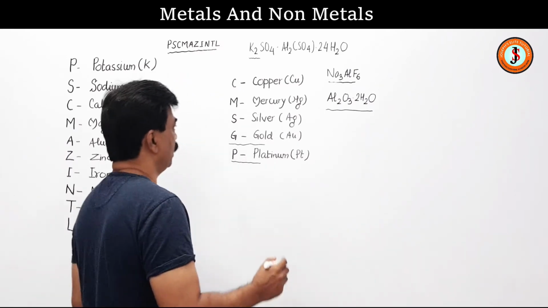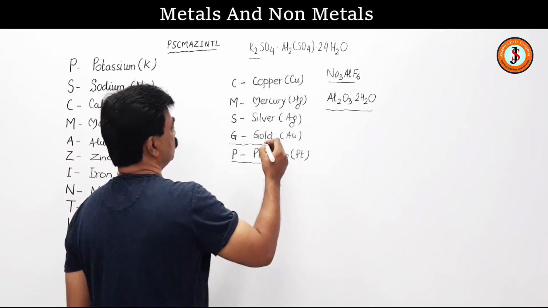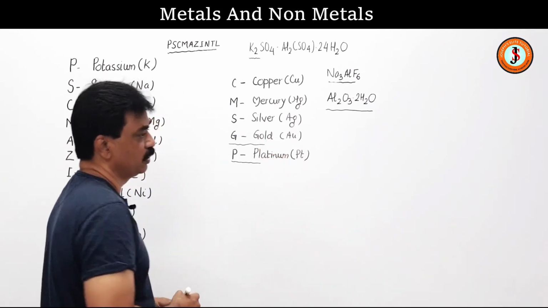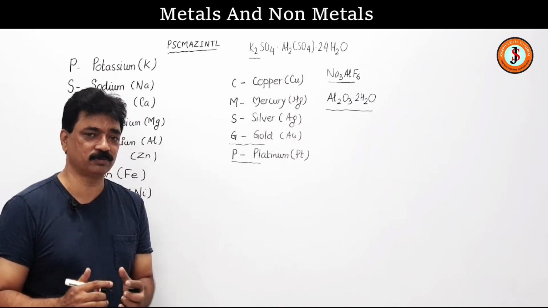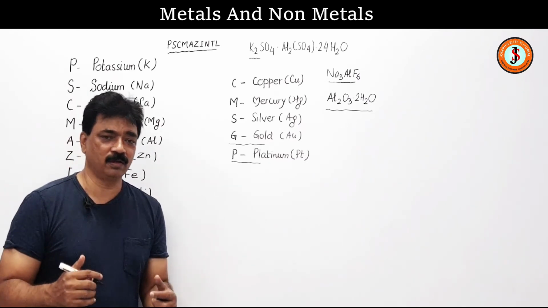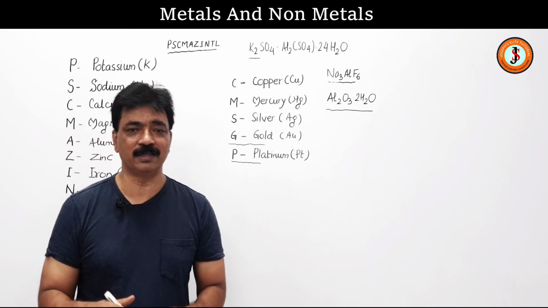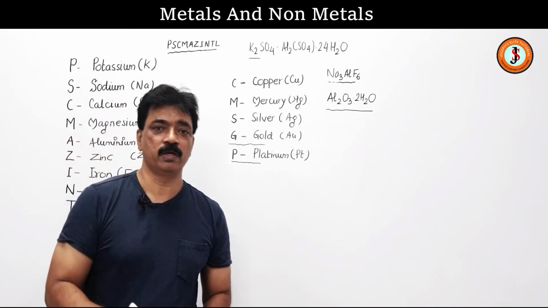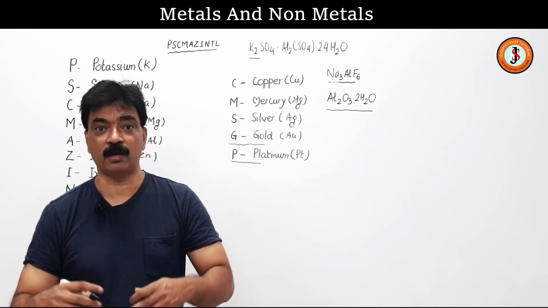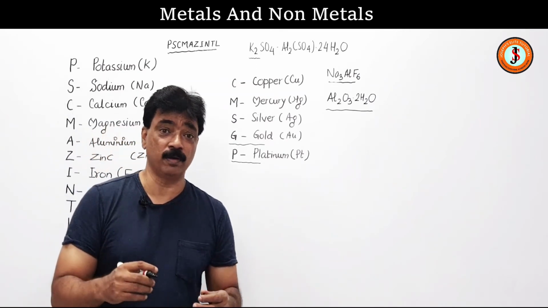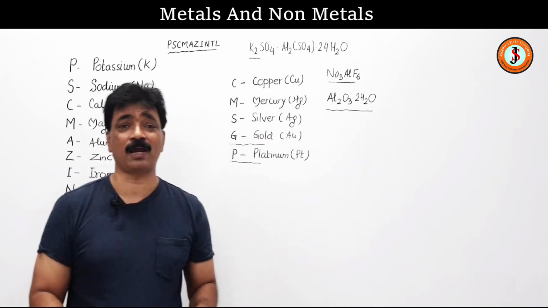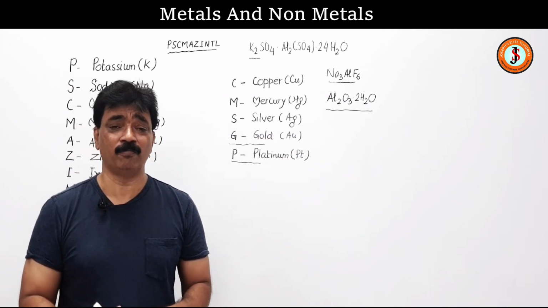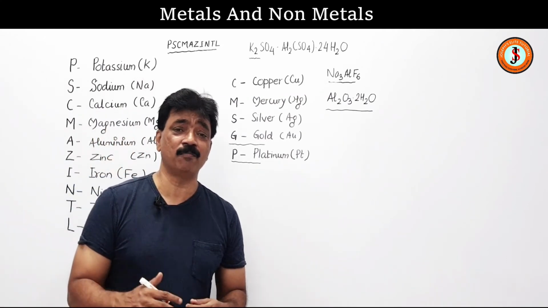We have to understand two terms now. One is minerals. What are minerals? Minerals are, as I told you, substances which are found in or on earth's crust. They can be metal compounds, non-metal compounds, a metal or a non-metal. But from a mineral it is not necessary that we extract a particular metal, especially when they are in combined state.